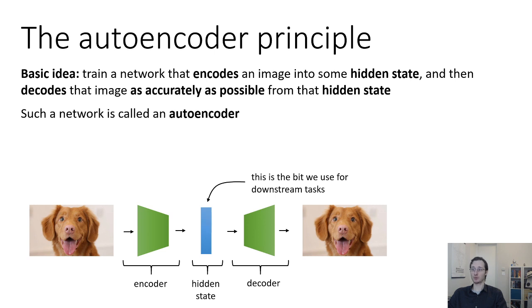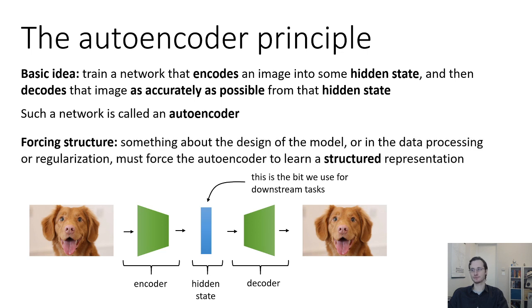And the hidden state is what we're going to actually use for downstream tasks. So the goal of the autoencoder is to acquire a hidden state. It's basically a representational learning goal. Once we've acquired the hidden state, then we can use it for all sorts of things, like training classifiers and so forth. So something about the design of the model, or something in the data processing or regularization, has to force the autoencoder to learn a structured representation.